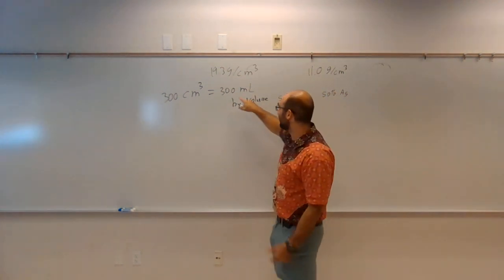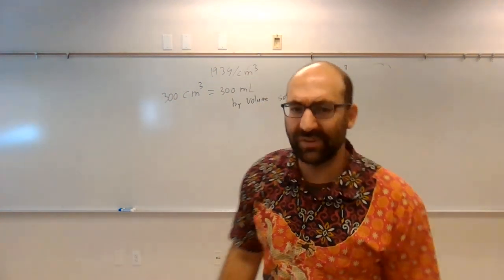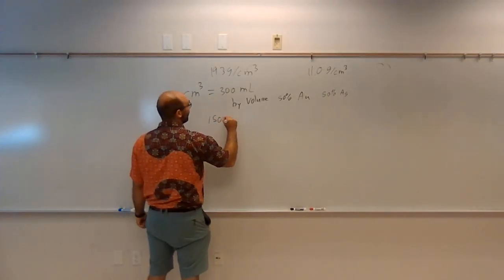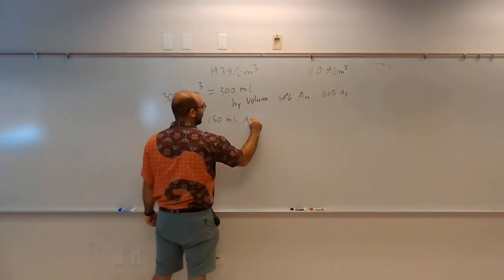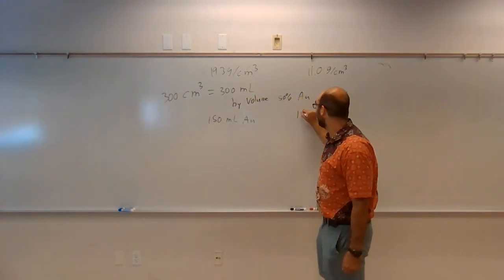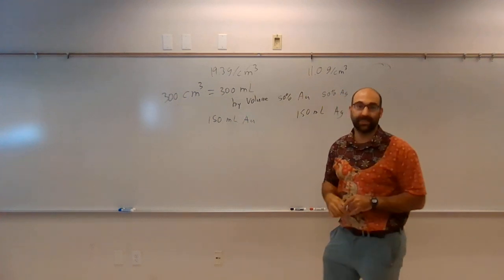So what that means is, if I have 300 milliliters of something, how many milliliters of that is gold? You go, 50%. So naturally, it's going to be 150 milliliters AU. And 150 milliliters AG.